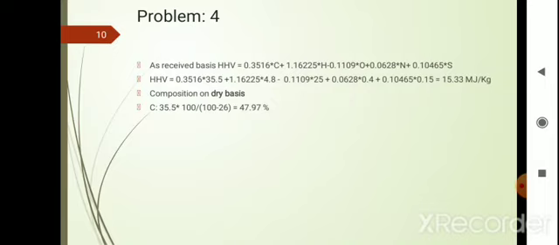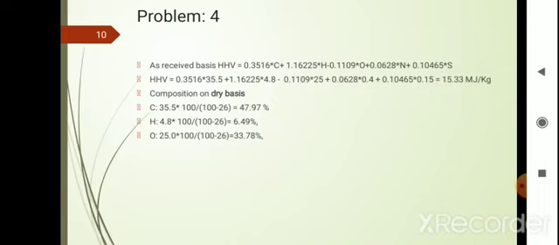So on dry basis, the composition of carbon, hydrogen, oxygen, nitrogen, sulfur, ash etc. will increase, because we are removing all the 26% of moisture. Similarly, hydrogen 4.8 into 100 divided by 100 minus 26 is 6.49 percent. Oxygen, 25 into 100 divided by 100 minus 26, is 33.78.